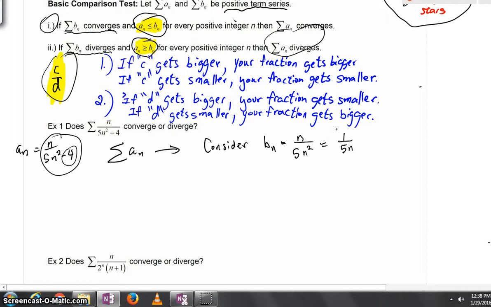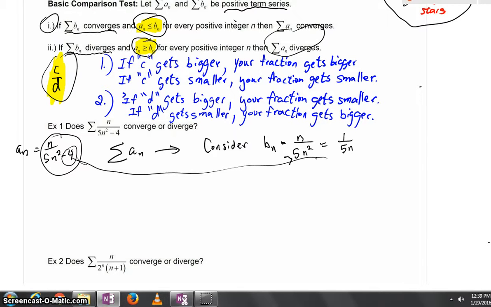We have this series that we could discuss and we could talk about. But I guess what I'm trying to get at is, when I lost the minus 4, did I actually make my denominator get bigger, or did I make it get smaller? Well, losing that negative 4, not subtracting 4, I hope you would agree our denominator actually got bigger, right?